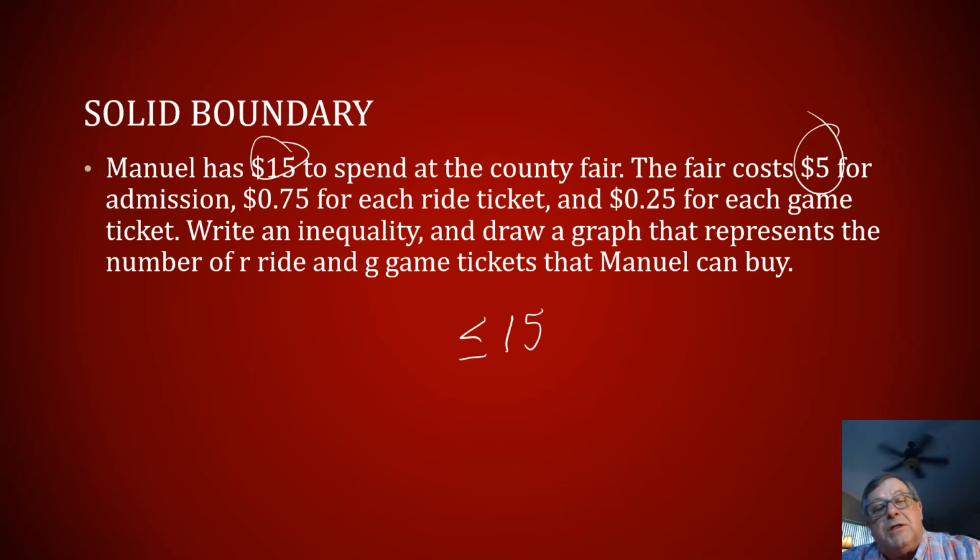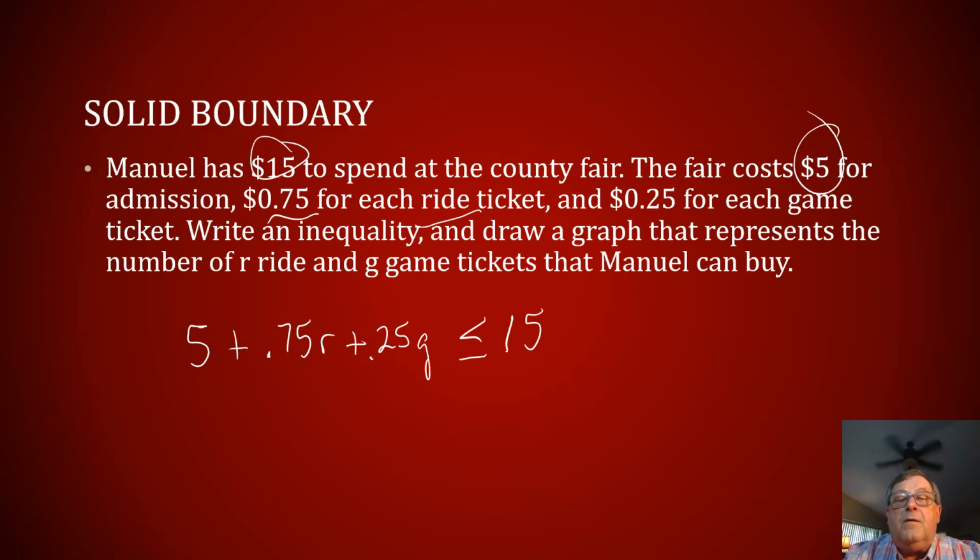It costs $5 to get in, so he has to spend $5 just to get into the place. And then it's 75 cents for each ride ticket, so we can say plus 0.75R, using R for ride tickets. And he has 25 cents for each game ticket, so we can set up 0.25G. There's actually our inequality.